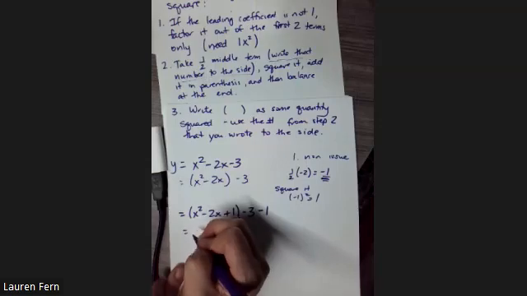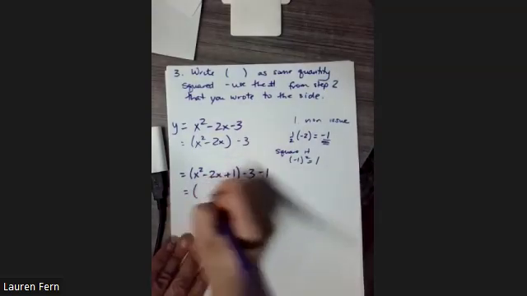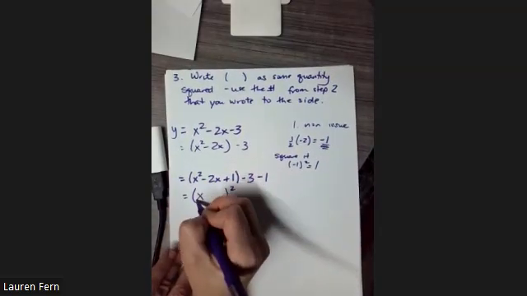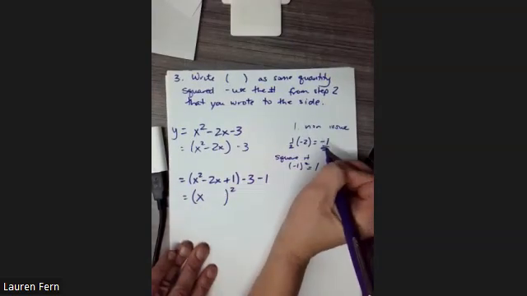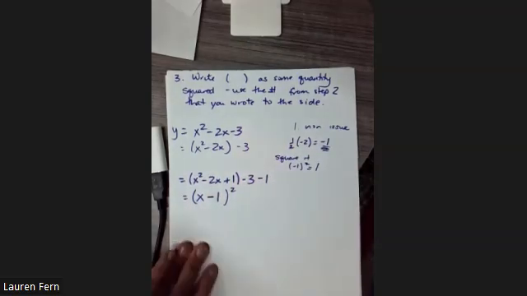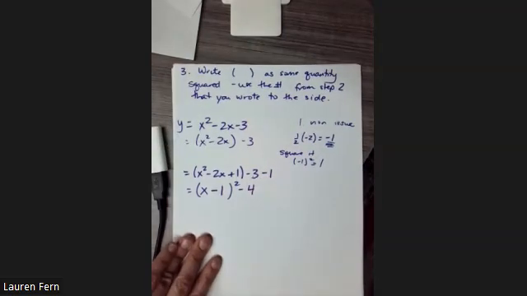All right, my last step is to write this in parentheses as some quantity squared. Okay, well, what number goes here? Remember, I told you to, once we took half of the middle term, write that number to the side, -1. And -3 minus 1 is -4.